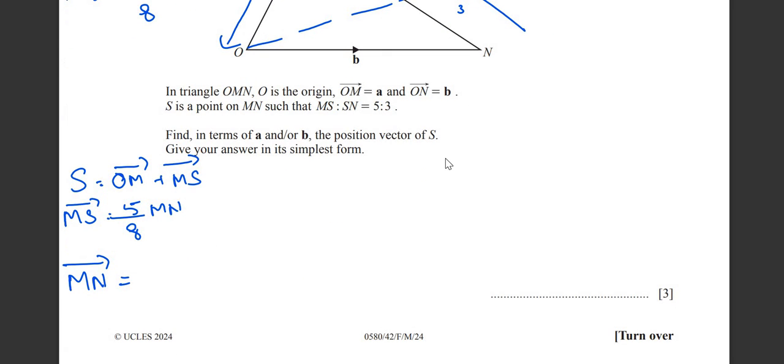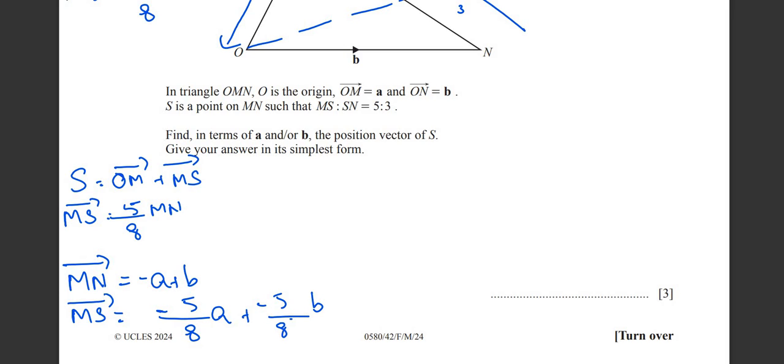So it's minus A plus B. So MS will become negative 5/8 A plus, sorry, not negative, positive 5/8 B. How did I get that? I just multiplied 5/8 with MN, so I multiplied negative A plus B with 5/8.